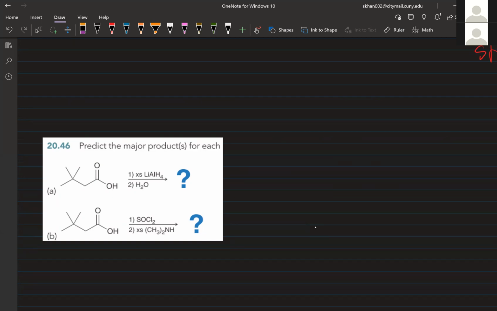It's a reducing agent for carbonyls or carboxylic acids. So essentially what you're adding twice here is H minus, so H's to this carbonyl. It's going to come in, attach one H, and kick off OH minus.